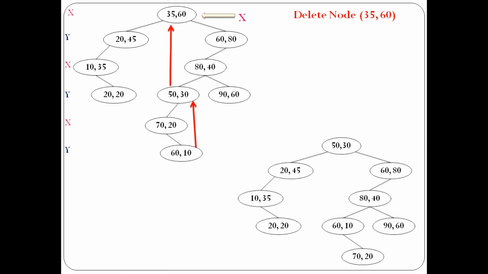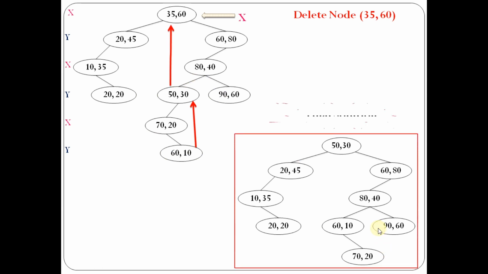The overall tree after the deletion of (35, 60) will look like this. Here (50, 30) moves in place of (35, 60), and we already solved this subtree: we got (60, 10) with a right child of (70, 20). So this is our final solution.